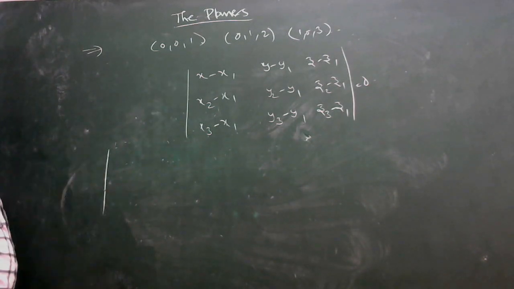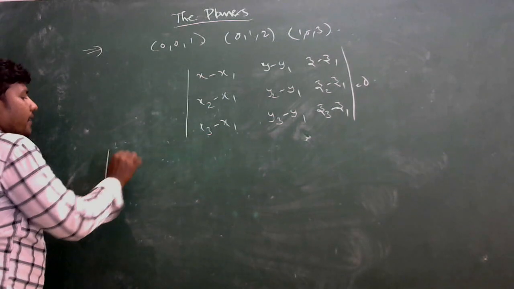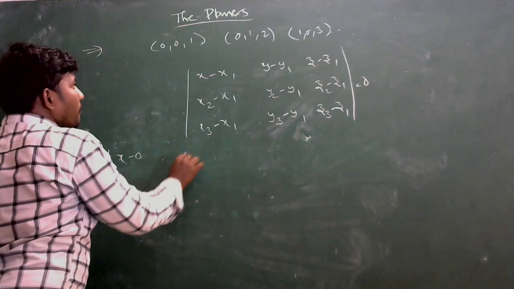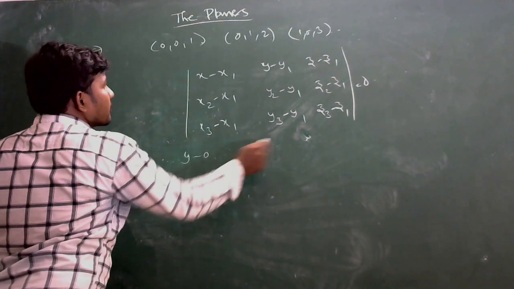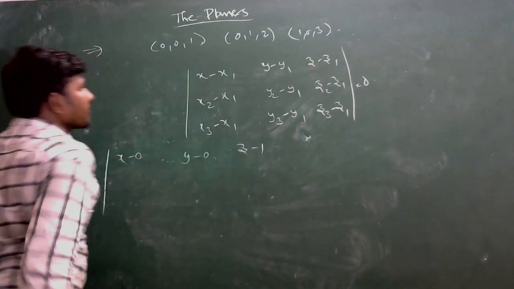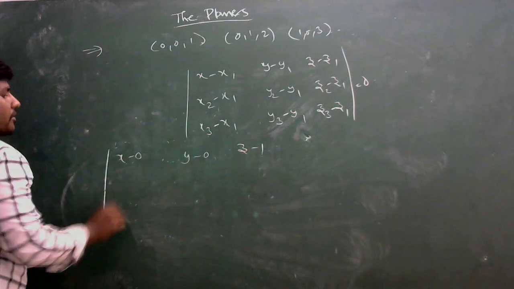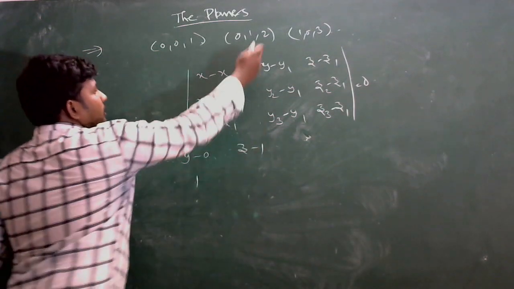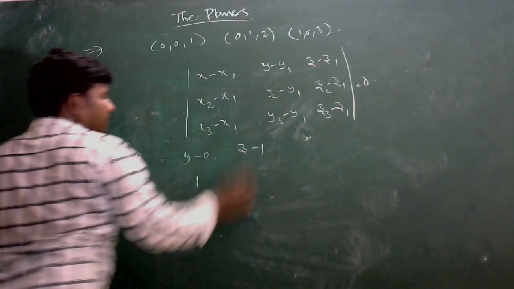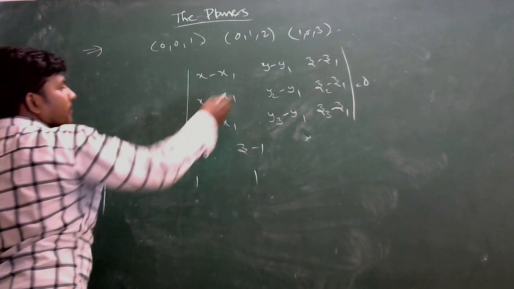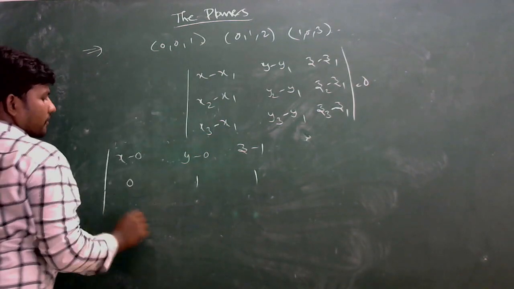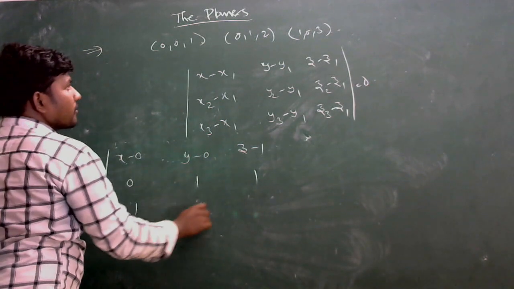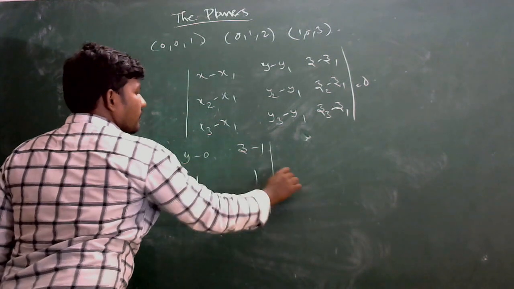Substitute all the above values: x minus 0, y minus 0, z minus 1; x2 minus x1 is 0, y2 minus y1 is 1, z2 minus z1 is 1; x3 minus x1 is 1, 0, 2. This is equal to 0.